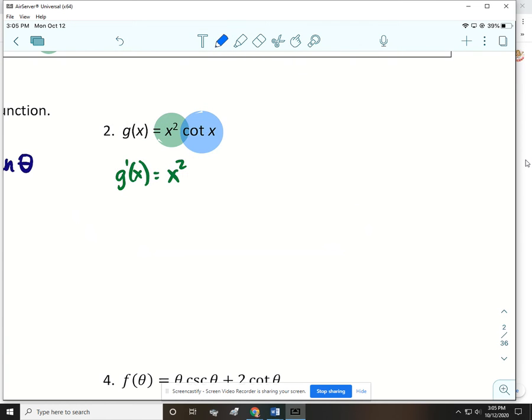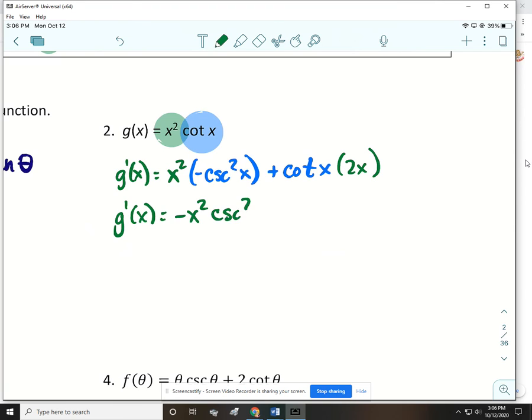So the derivative of cotangent is negative cosecant squared of x. And then plus, leave the second one alone, and multiply by the derivative of the first. All right, and then I just clean it up a little bit. And that's it.